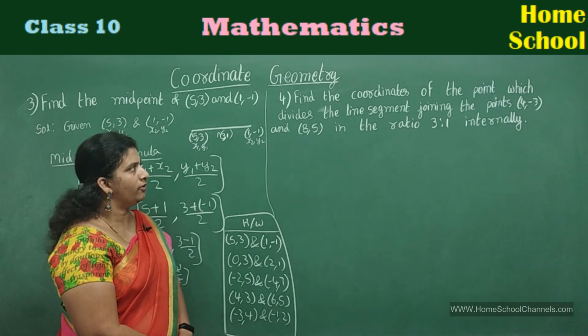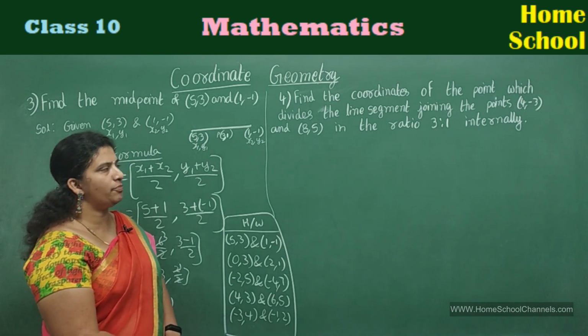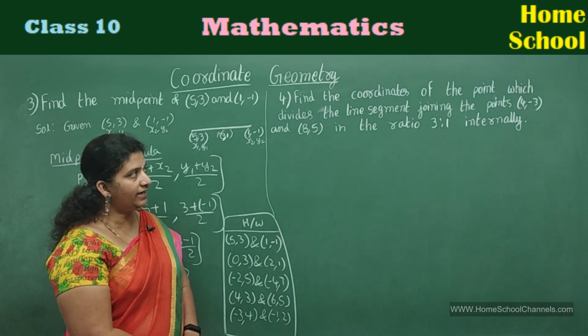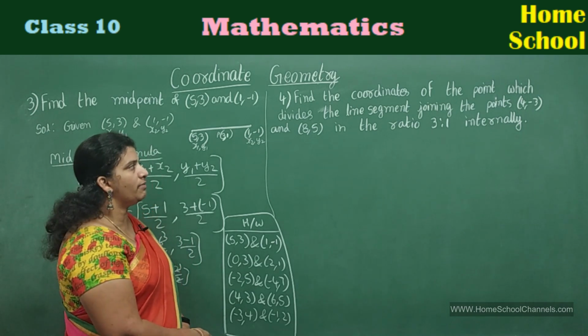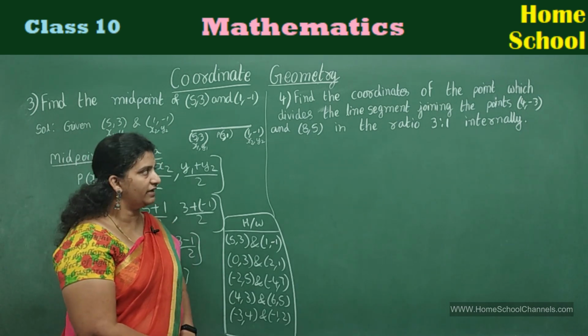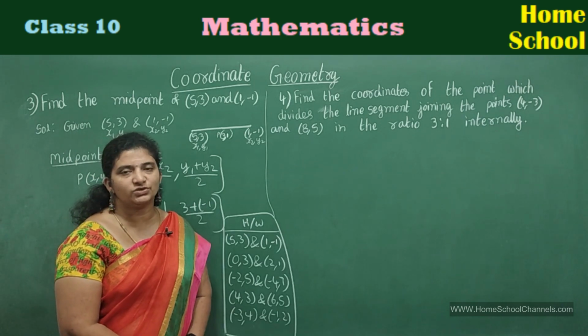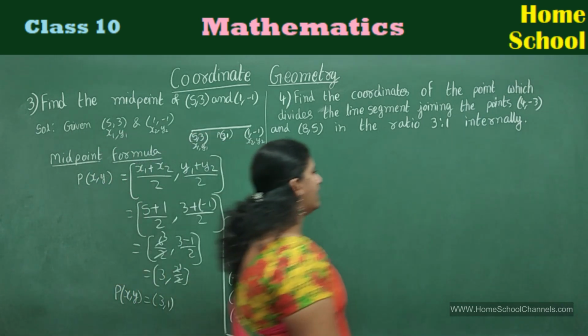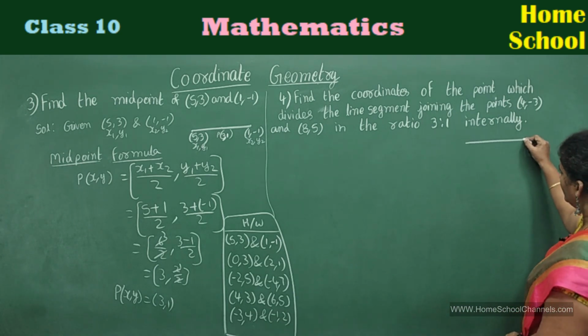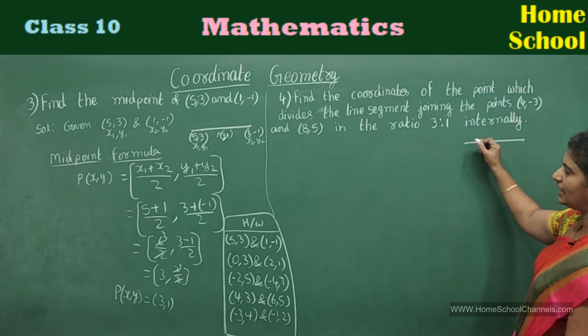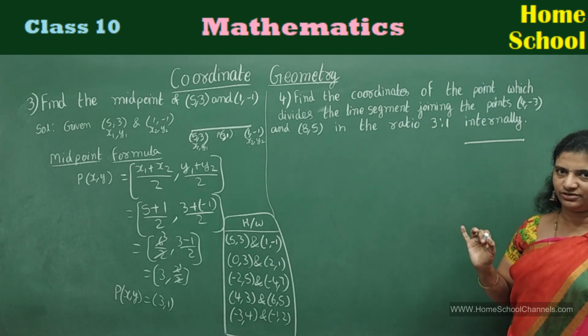Fourth variety of problem, find the coordinates of the point which divides the line segment joining the points 4, minus 3 and 8, 5 in the ratio 3:1 internally. So understand the problem. Let me take a line segment here. Just in order to understand, I am giving this rough picture.